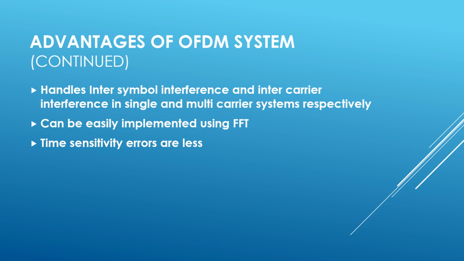OFDM system effectively handles intersymbol interference and intercarrier interference in single and multi-carrier systems respectively. It can be easily implemented using FFT technique, that is fast Fourier transform. Moreover, OFDM systems are less sensitive to timing errors.